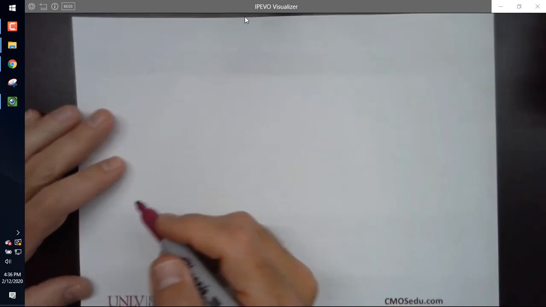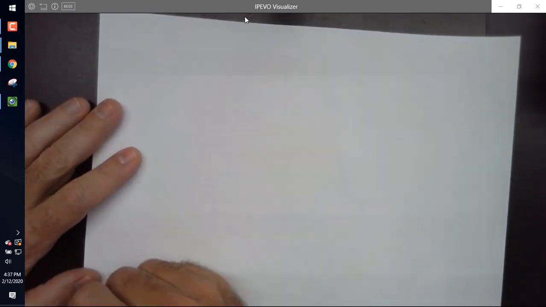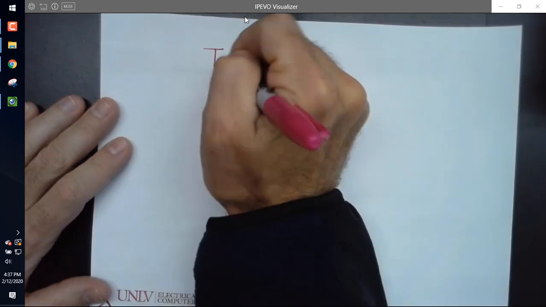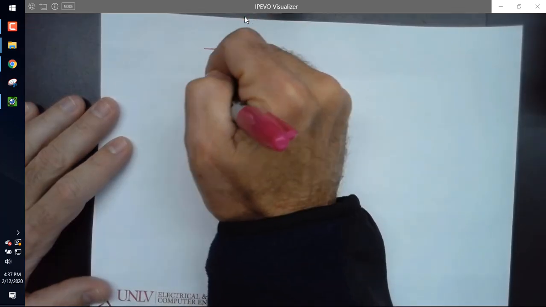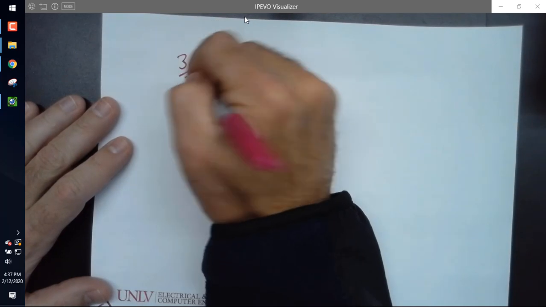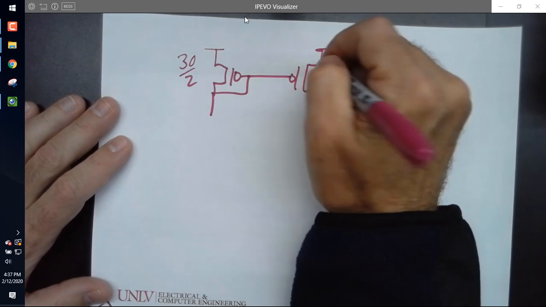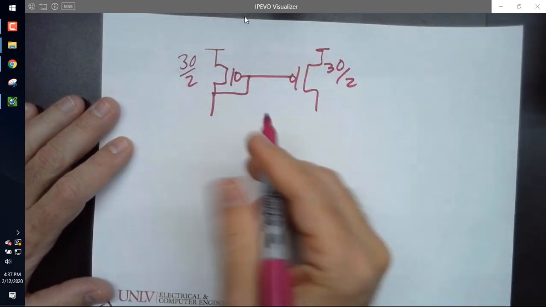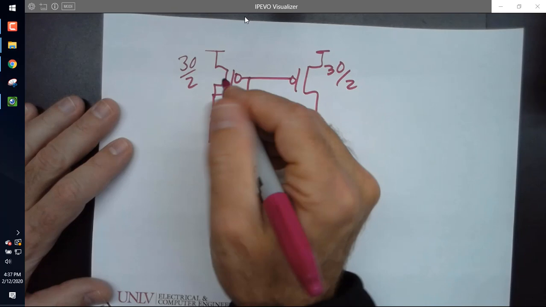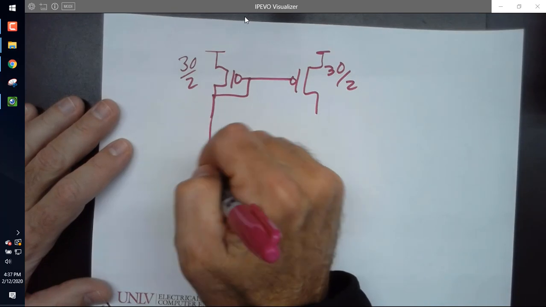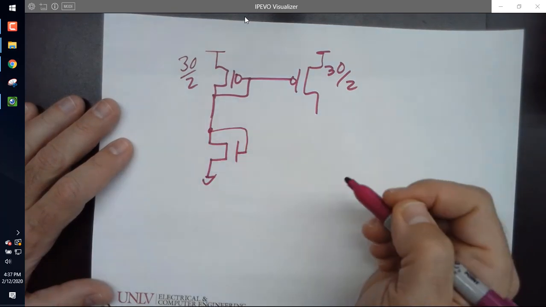So I have the following. I'm going to use the PMOS current mirror. I'm going to use the same exact size as I just had, 30 by 2. But instead of using a resistor here, I'm just going to use an NMOS device, also gate drain connected.